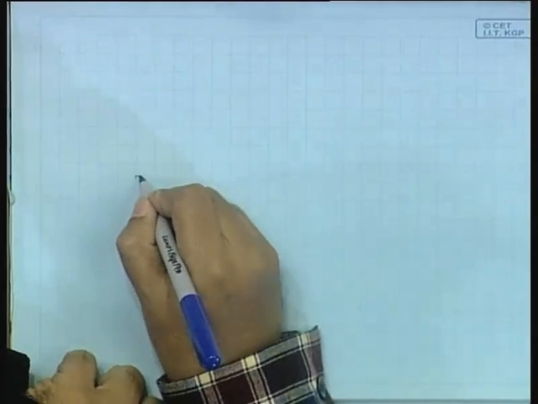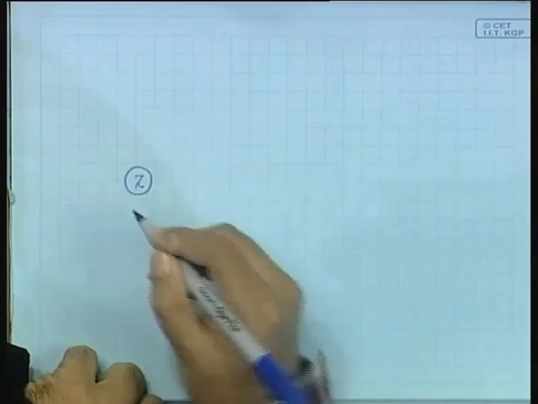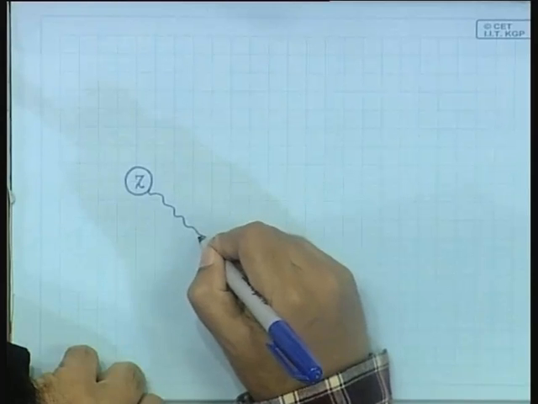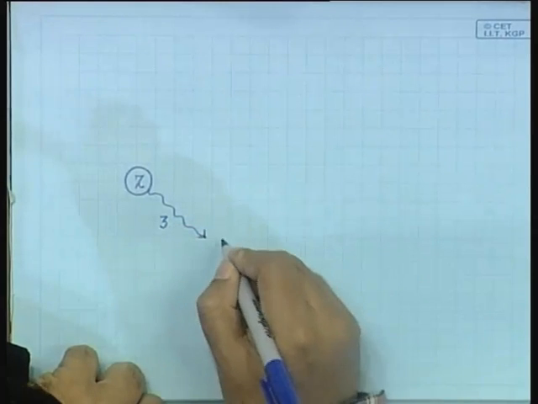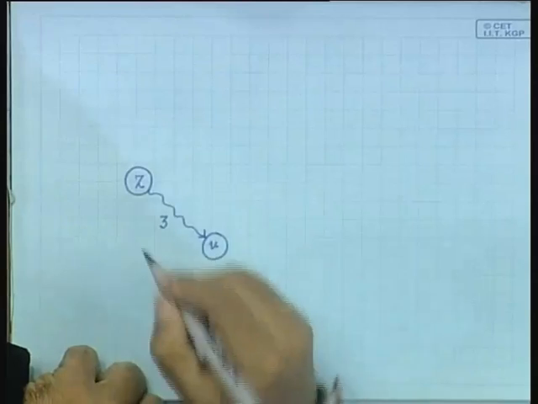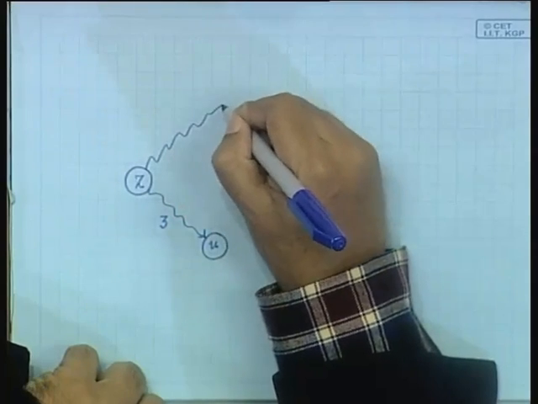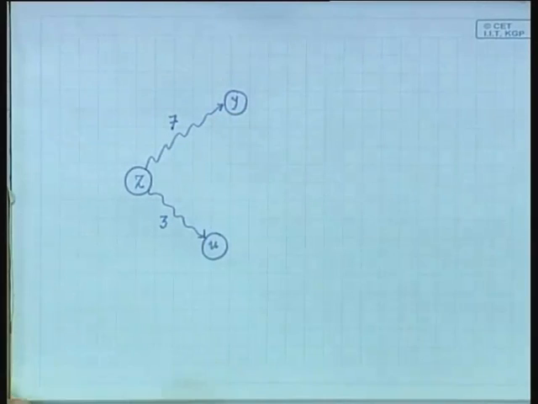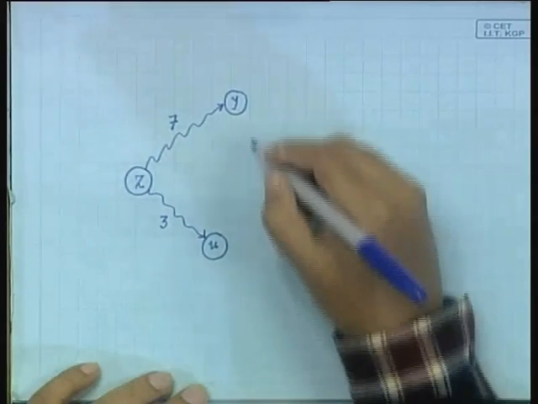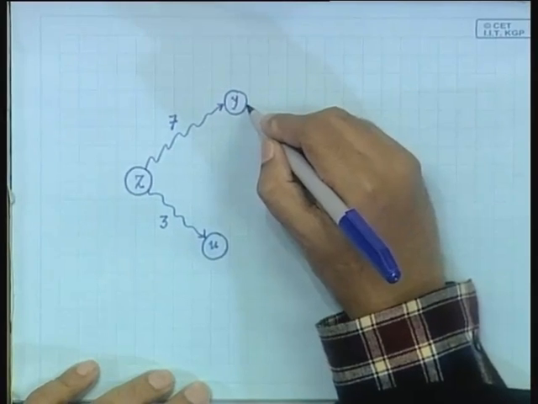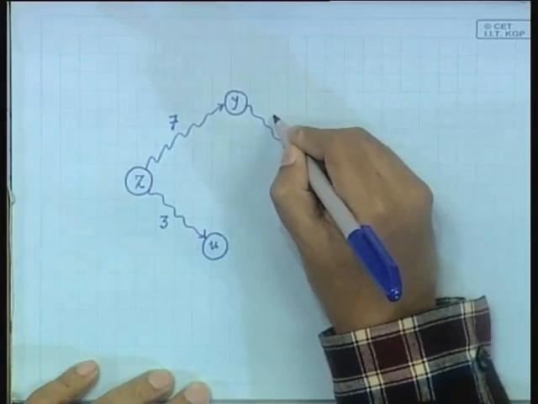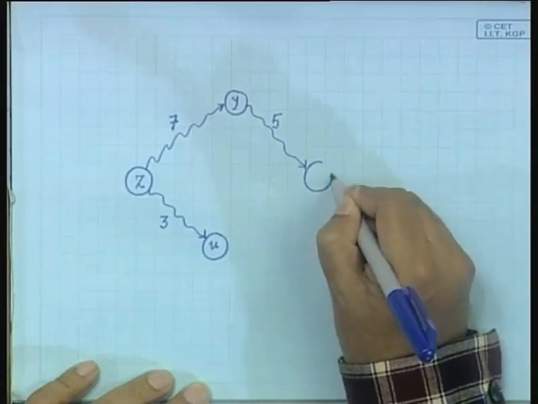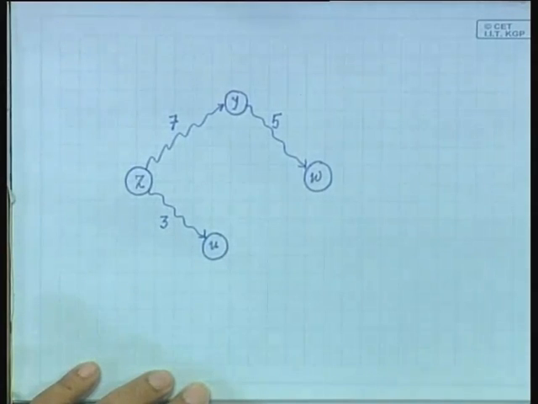So Z has a path of length 3 to U, okay. Z has a path of 7 hops to Y, okay. Then from here there is a path of 5 hops to W, all right.